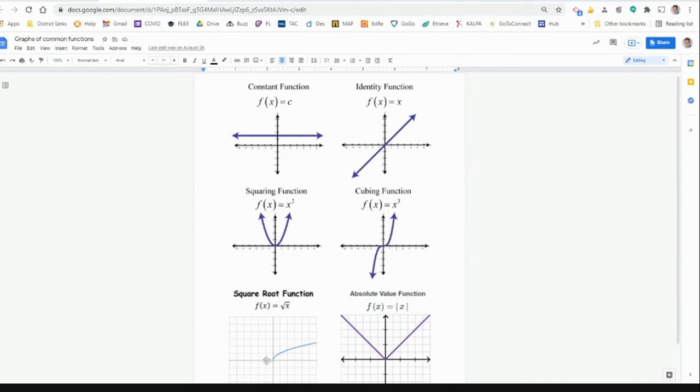The square root function, and then the absolute value, where it's like a mirror reflection over the y, and it's a straight line, but it does not have any negative y values. But we can transform any of these. And when we transform these, we will be able to move them in all kinds of ways. So let's look at that.